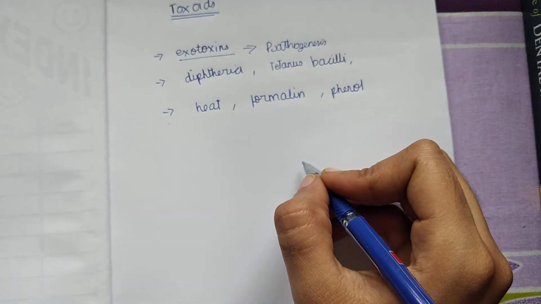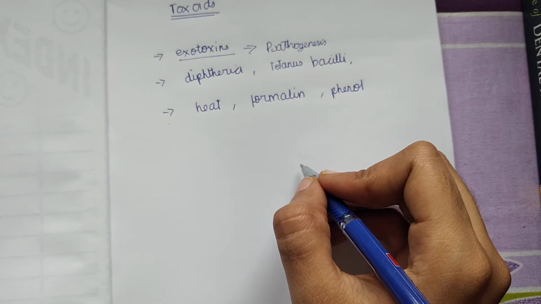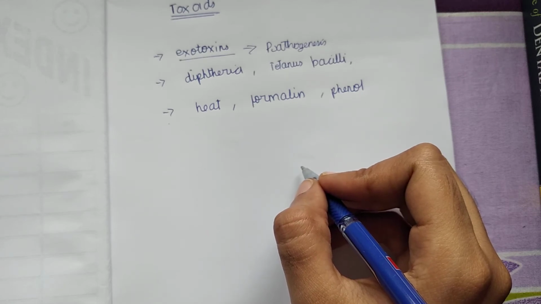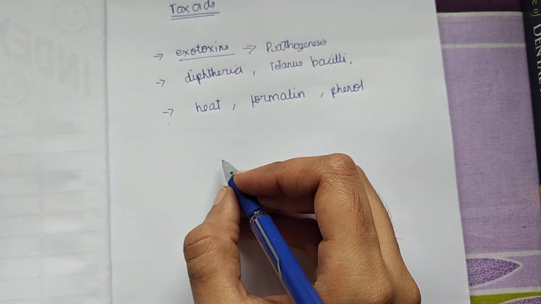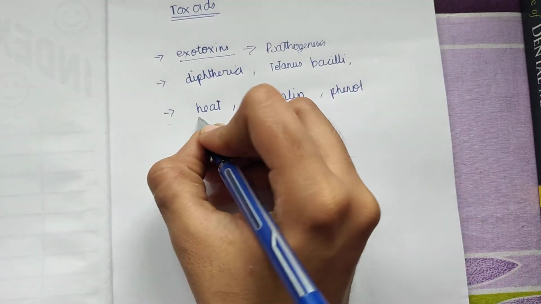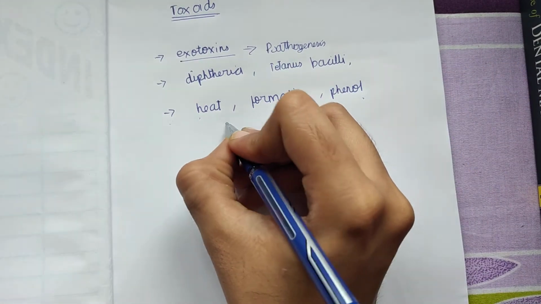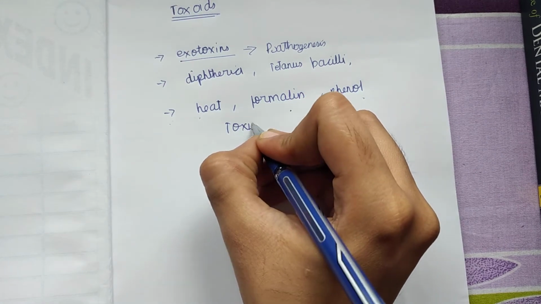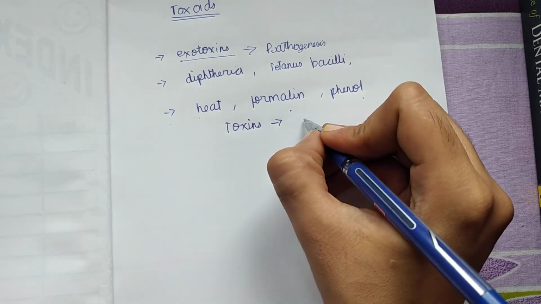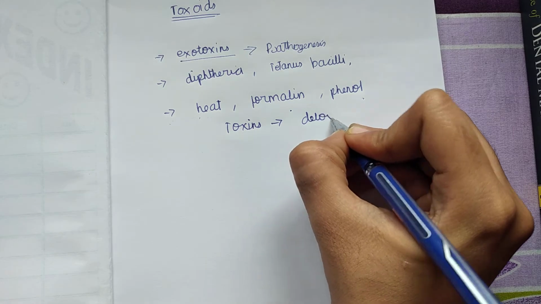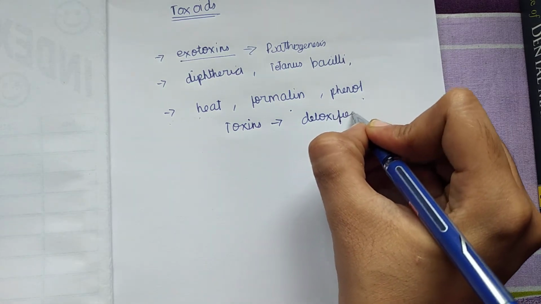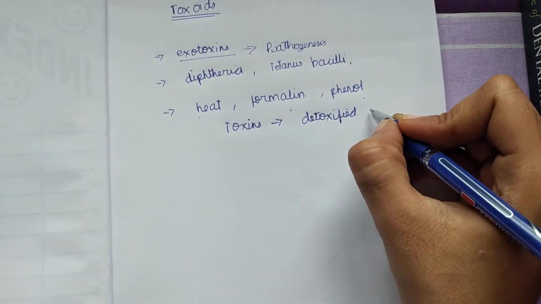How it will be used for immunization: the toxin detoxified by heat, formalin and phenol won't produce any harmful effect to the host.